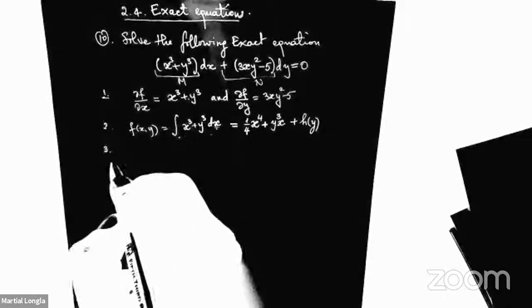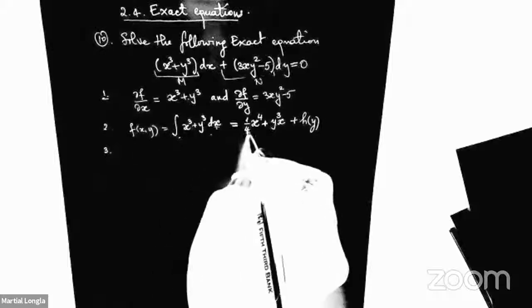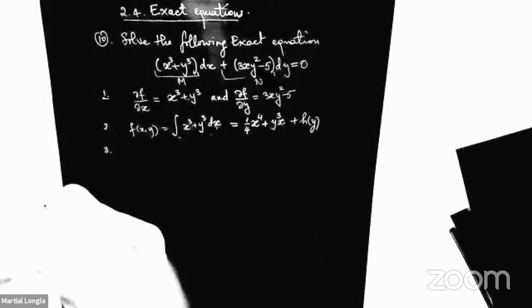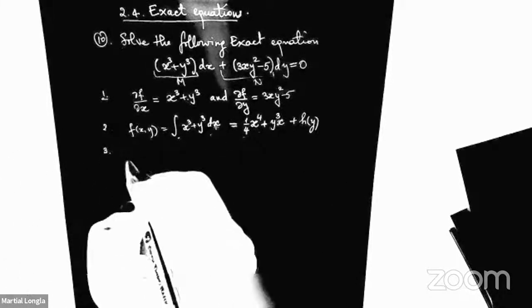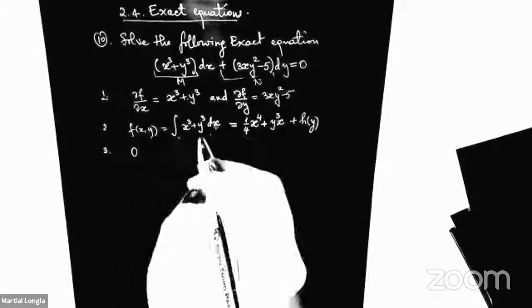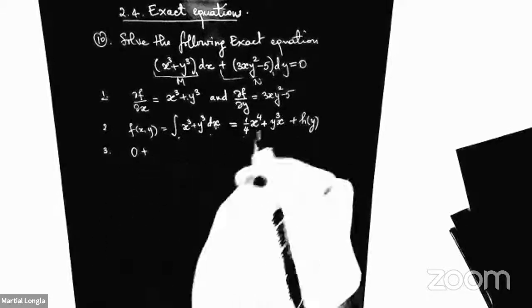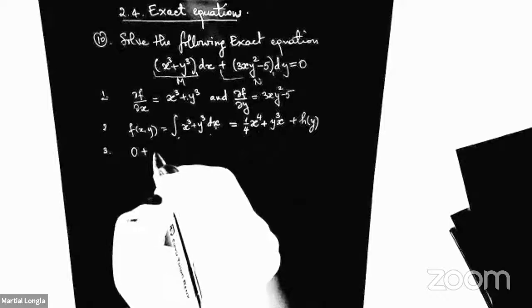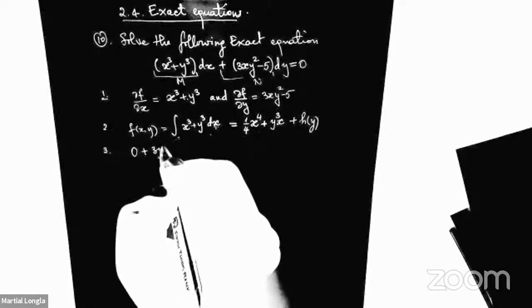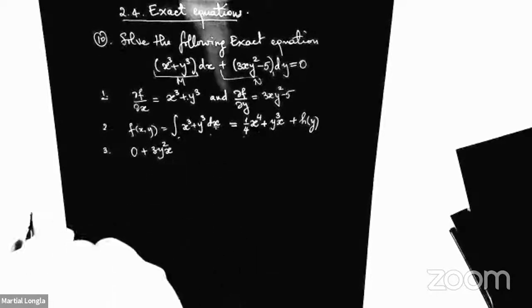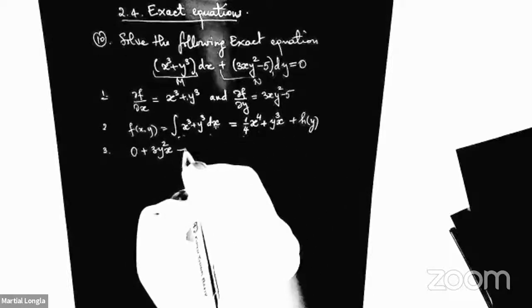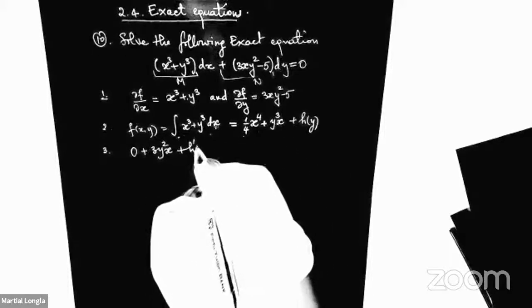So with respect to y, derivative of x to the 4th with respect to y. This is where you're taking derivative. So that's 0 plus derivative of y cubed x. So that's 3 y squared x. Derivative of h of y is h prime of y.